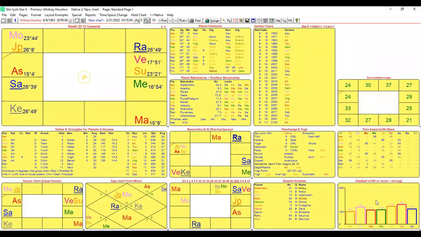Let's say Mars is a malefic planet, and in Shadbala, if it's weak, then as per Prashna Marga this Mars will not give malefic results because it's losing strength. Sorry, I'm saying wrong. No, I think you're correct.